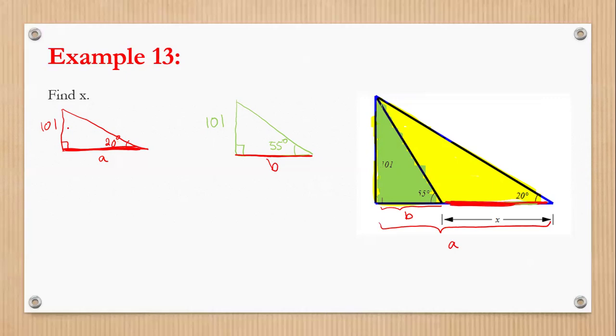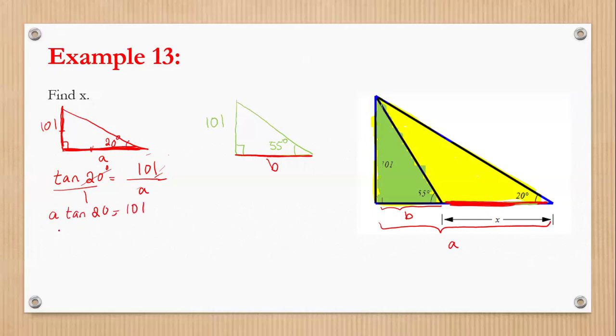For the first triangle, I have a 20-degree angle. The opposite is given to me, and they're asking to find the adjacent. Opposite and adjacent, again, it's a tangent function. So the tangent of 20 degrees is the opposite over adjacent. If I do the cross multiplying, A times tangent of 20 should be equal to 101.